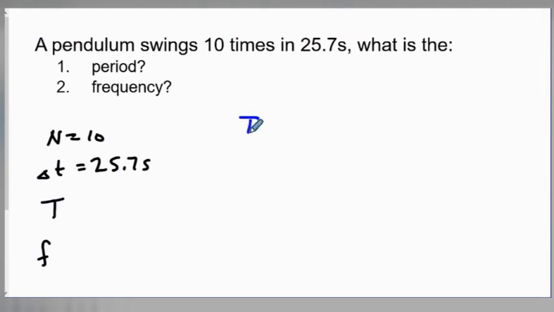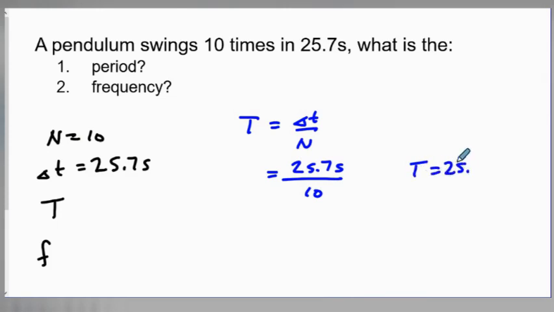First of all, T is delta T over n, which is 25.7 seconds divided by 10. I don't even need a calculator for that one. I see that T is, oops, not 25, it's 2.57 seconds.